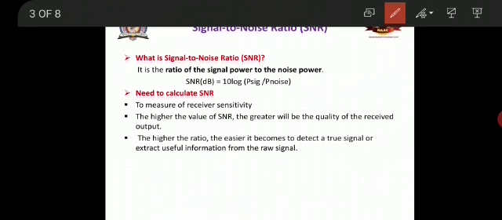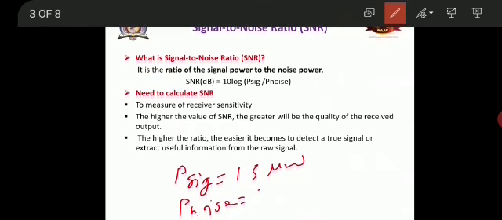Now, if the input signal power P signal is equal to 1.5 microwatt, and the noise power P noise is equal to 0.2 microwatt, and we substitute this in the above formula, it will be 10 log of 1.5 to 0.2.